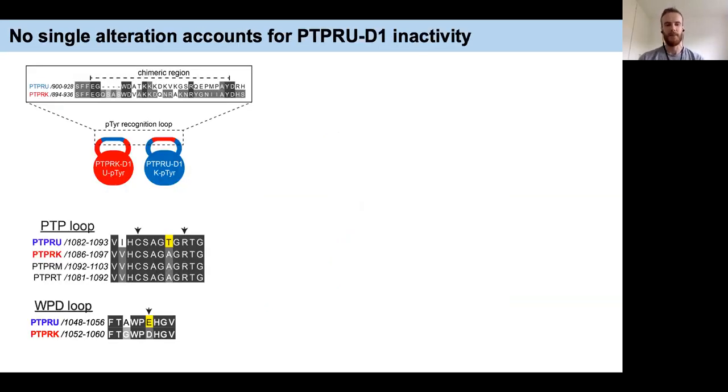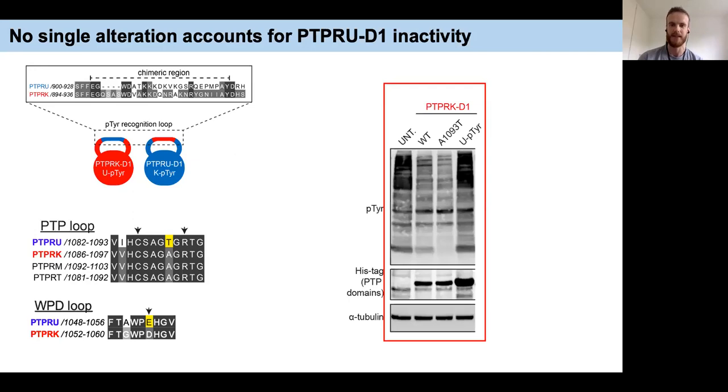So next, with this information from the structure, we then set about trying to see which of these alterations could account for PTPRU inactivity. To do this, we made reciprocal chimeric proteins in which we swapped the phosphotyrosine recognition loops from PTPRK into PTPRU and the reciprocal version for use in our in-lysate dephosphorylation assays. So first, just looking at our PTPRK-based constructs.